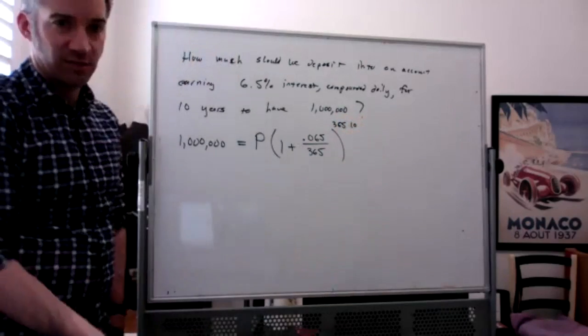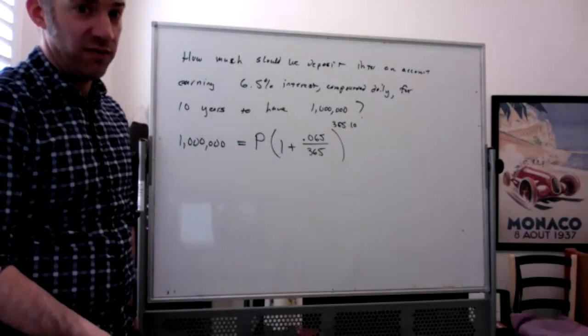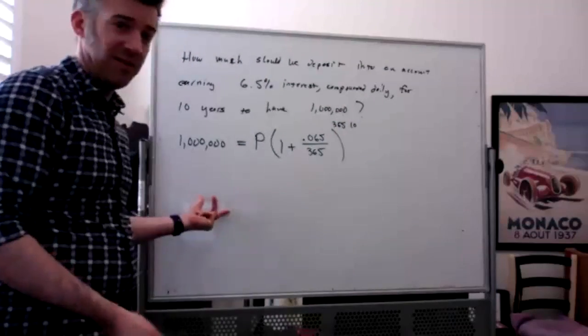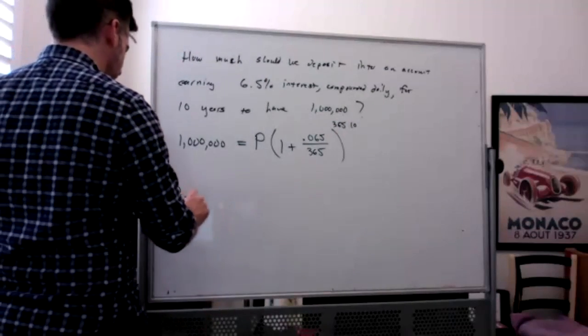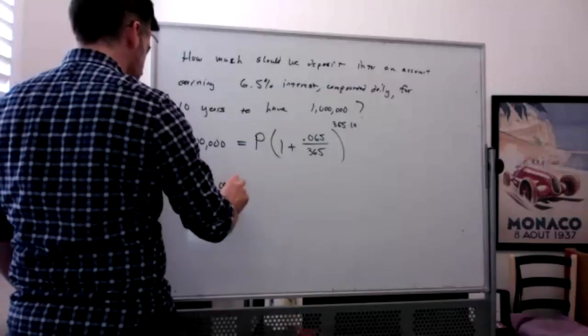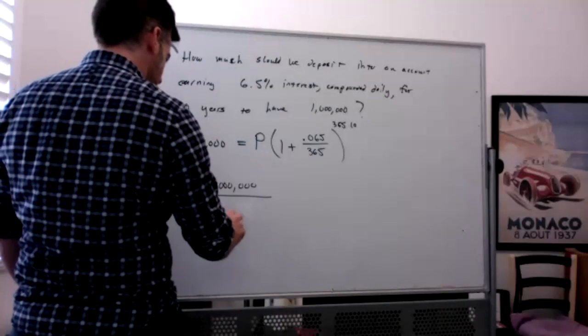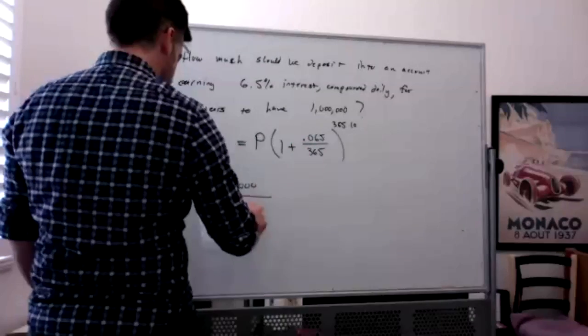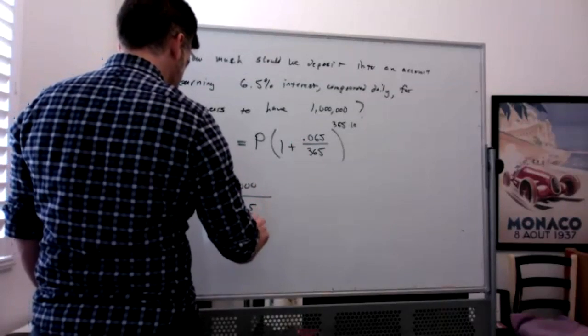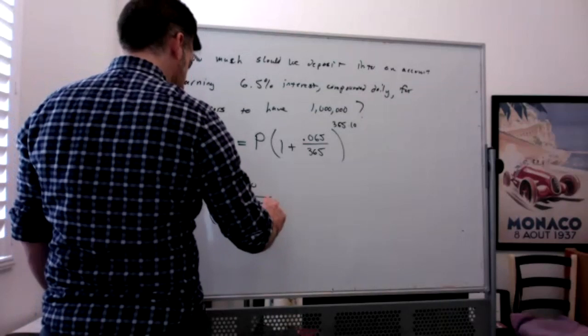This is very straightforward to solve for because we just divide everything by that. So the principal is $1 million divided by 1 plus 0.065 over 365 to the 3,650th power.